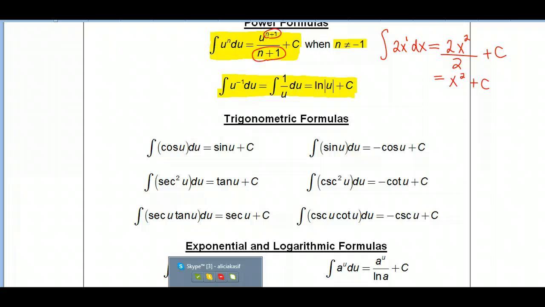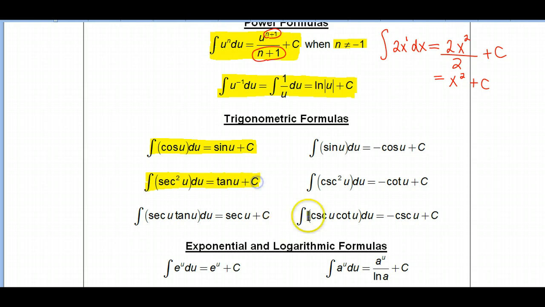You see that? These are the main ones that I want you to know, all 6 I should say, but obviously the antiderivatives for sine, cosine, and secant squared are going to be the ones that show up the most, because those involve sine, cosine, tangent.